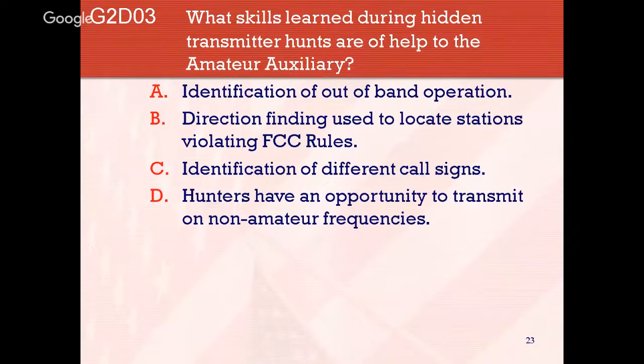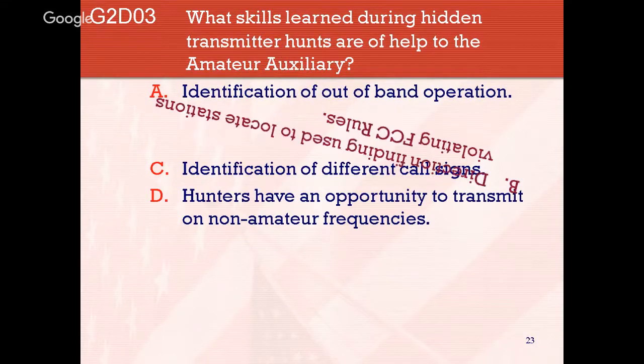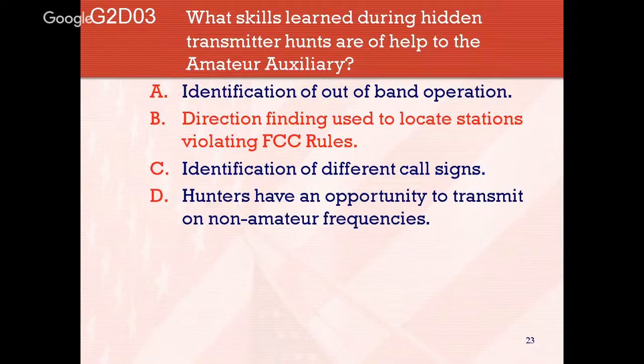What skills learned during hidden transmitter hunts are of help to the amateur auxiliary? All right, we're talking about direction finding here, and using directional antennas to find a rogue transmitter somewhere. The only logical answer here is B, direction finding used to locate stations violating FCC rules.